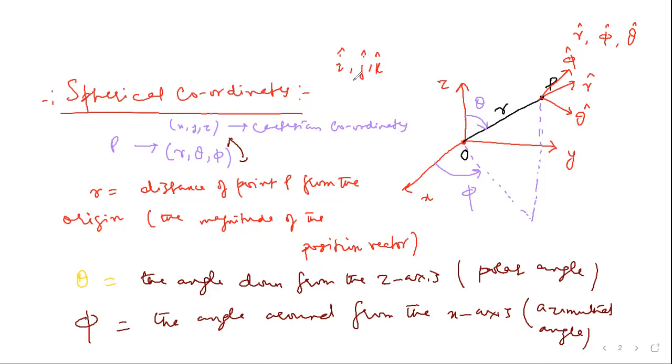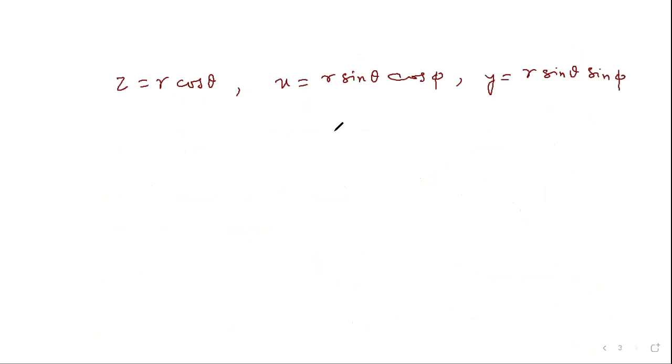Like you write a vector in terms of these three unit vectors in Cartesian coordinates, we can write it in terms of these three unit vectors also. So if you have a vector A, it can be written this way: A_r r cap plus A theta theta cap plus A phi phi cap, right?